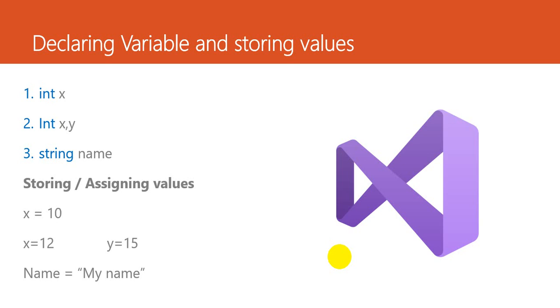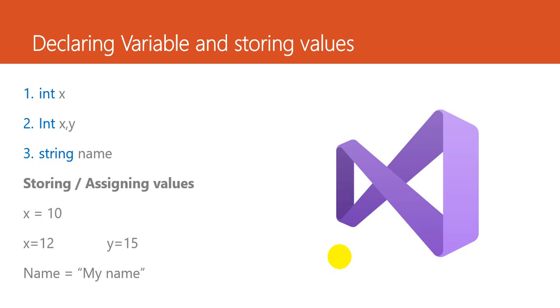Similarly, in number 2 we have declared two variables, x, y. Two variables can be separated with comma, and similarly another variable which stores a series of alphabets, which is string. String is a data type while name is the variable. How can you store? You can store it with the assignment operator.